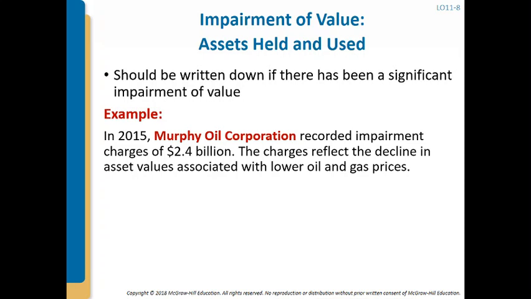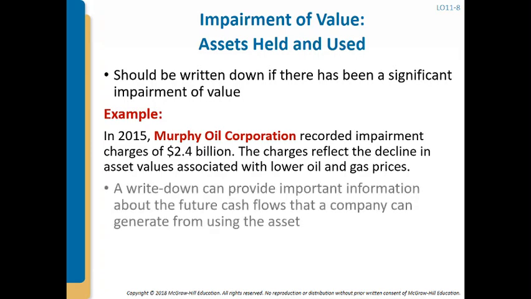So here we have an example. In 2015, Murphy Oil Corp recorded impairment charges of $2.4 billion. The charges reflect the decline in asset values associated with lower oil and gas prices. It's not uncommon for oil and gas companies to do that, especially in this last downturn just a few years ago.